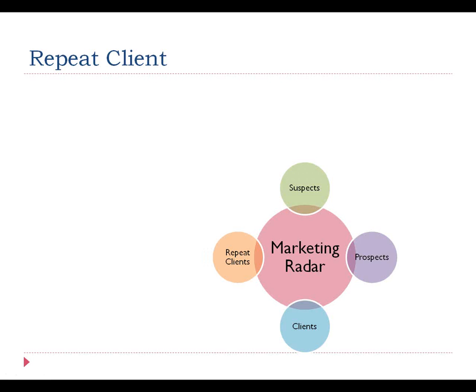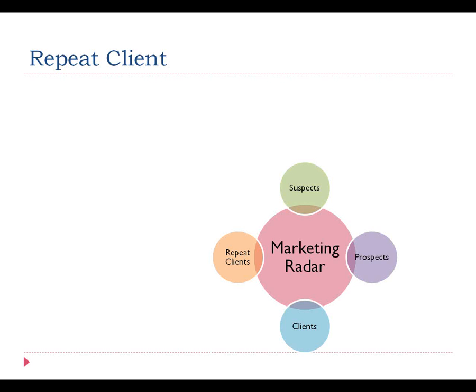So ideally, you're aiming for someone who will become a repeat client, and the way you build your business profitably is to make sure that people can buy from you repeatedly. It takes so much effort getting one client, so it's worth building into your business the capacity for them to do business with you over and over and over.